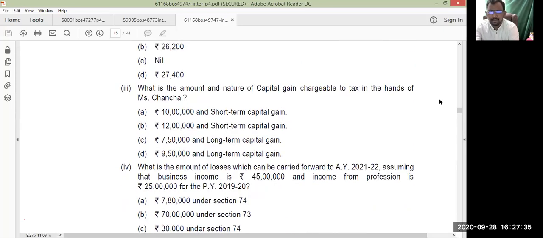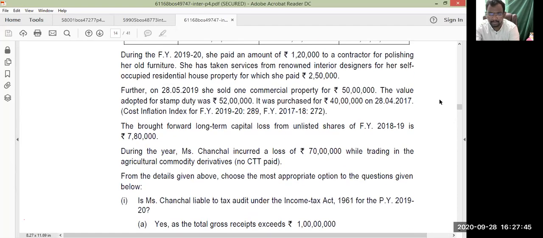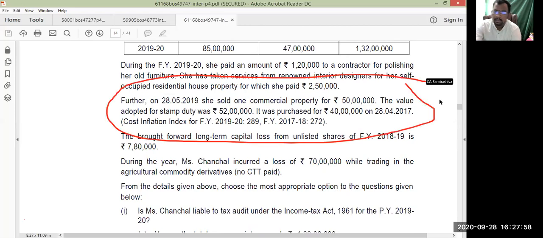What is the nature of capital gains chargeable to tax in the hands of Ms. Chanchal? Look at that capital gains transaction and get to know that. Next, where it is actually capital gains related. This transaction, right? She purchased on 28th April 2017, sold on 28th May 2019.